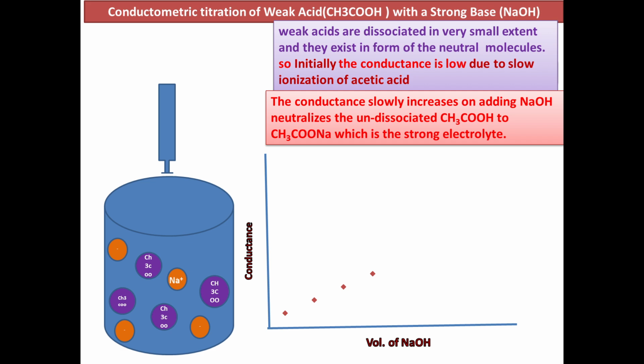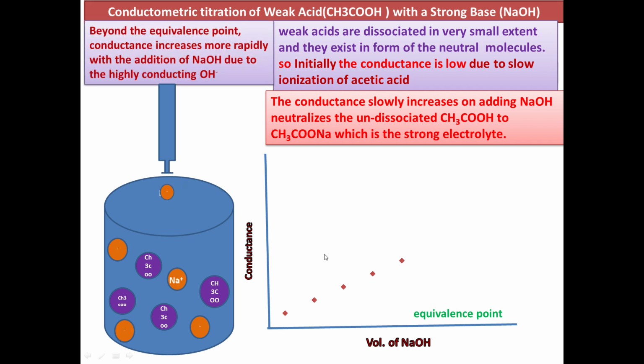When all the H plus ions get replaced by Na plus ions, this point is known as the equivalence point. If you further add NaOH into the solution, NaOH is ionized as Na plus and OH minus, and due to the increase in the number of ions, conductance increases rapidly after the equivalence point.